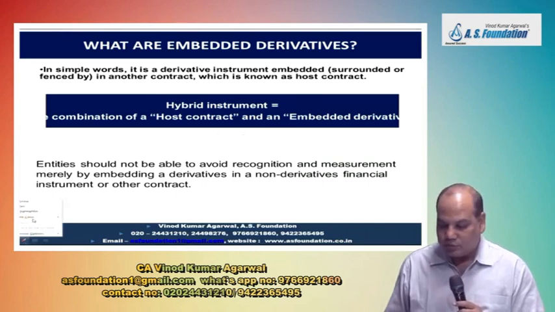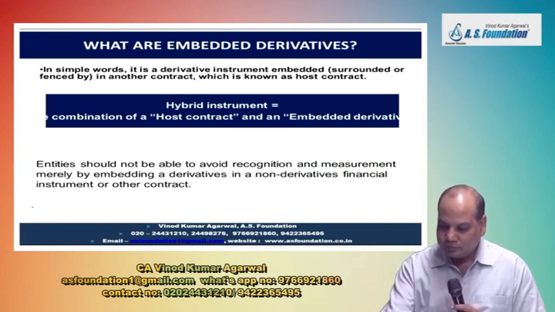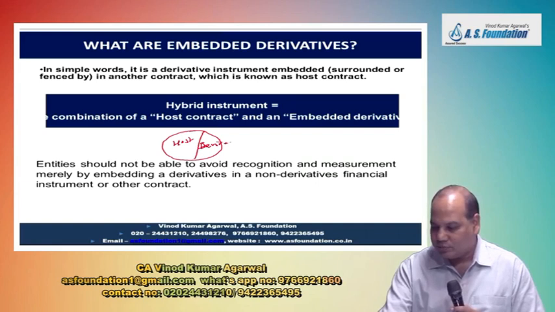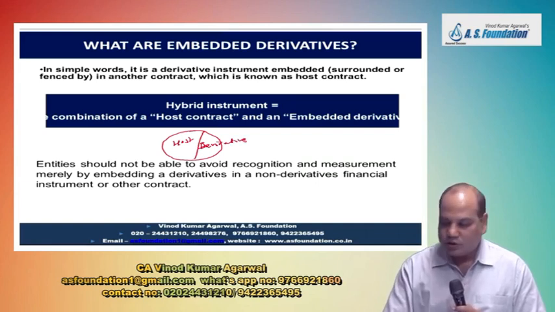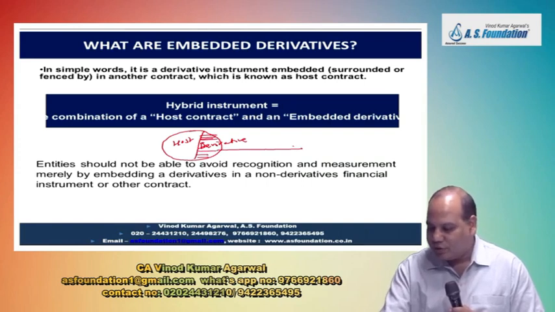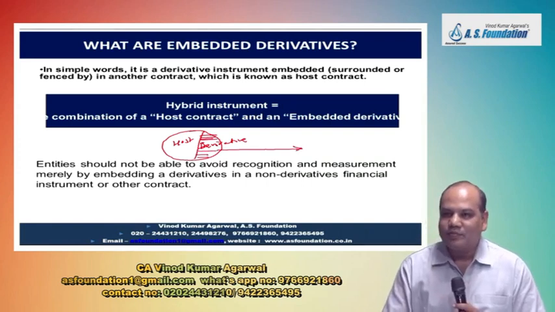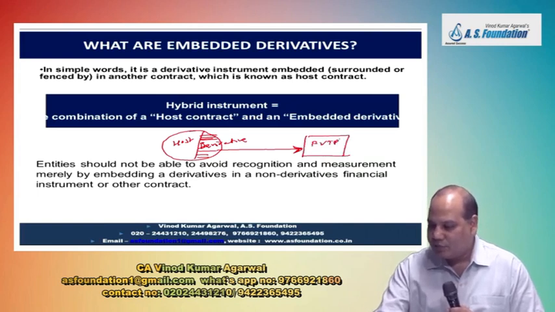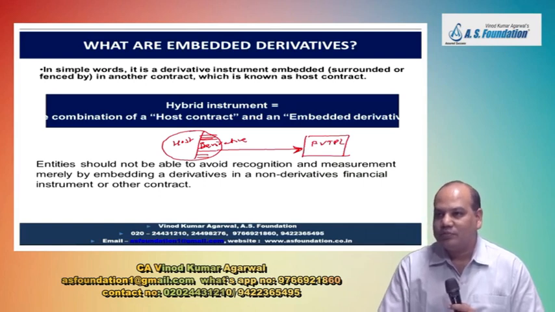Now what we are trying to do, can you guess? This is the hybrid instrument. It contains host instrument, it contains derivative also. So the standard says remove this derivative. Subject to some conditions we will see. Remove this derivative because accounting for derivative is separate. Derivative is accounted using which category?